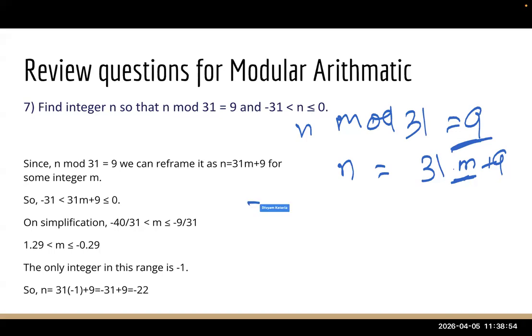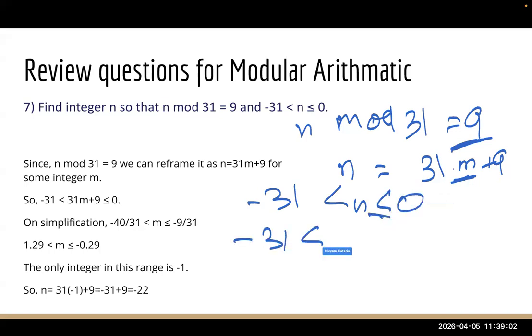Now we had negative 31 less than n, which is less than or equal to 0. So negative 31 is less than 31m plus 9, which is less than or equal to 0.